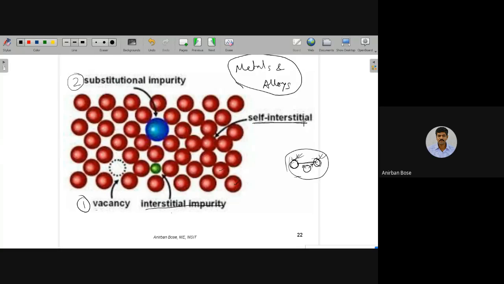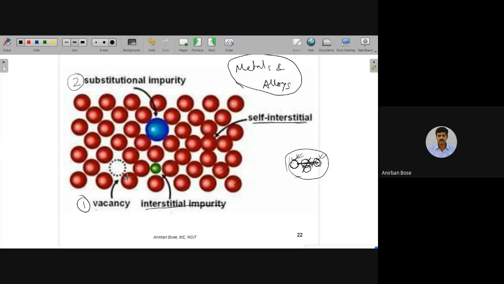But again, if a vacancy is there, a lot of energy will be required, because to create a vacancy a huge energy is required. The sp3 is a very strong primary bond, and to break that sp3 bond requires a lot of energy. So hardly will you find vacancies in a diamond.